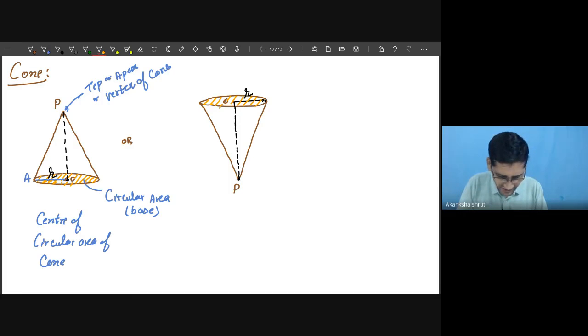So let us mark R as the radius of the cone, O as the center of the cone. And O to P is marked as the height H of the cone.